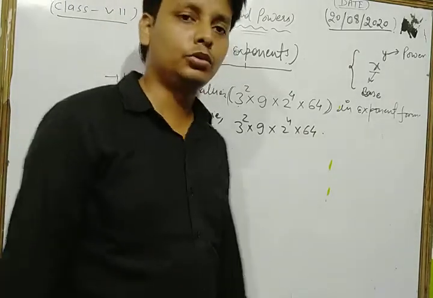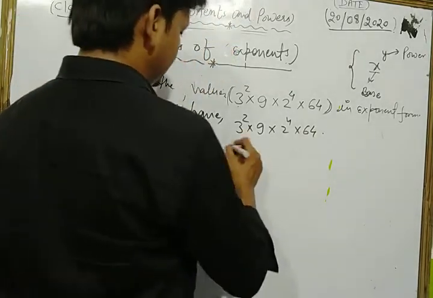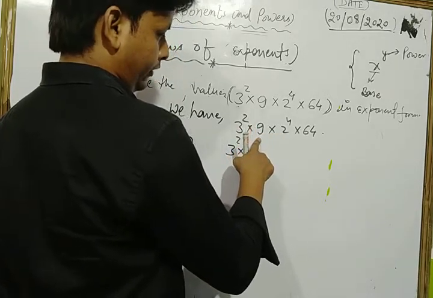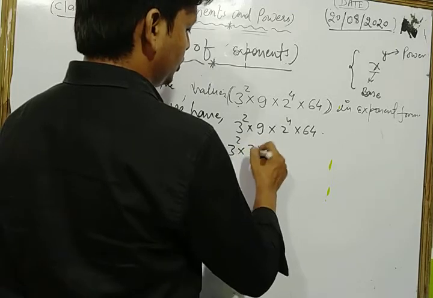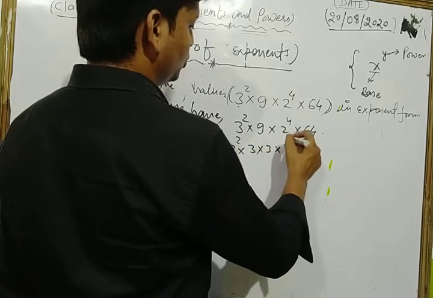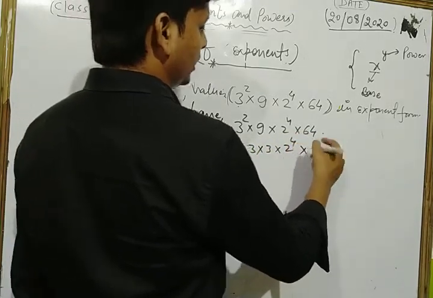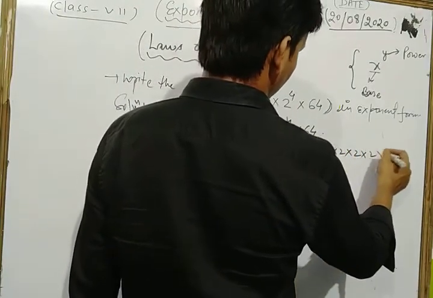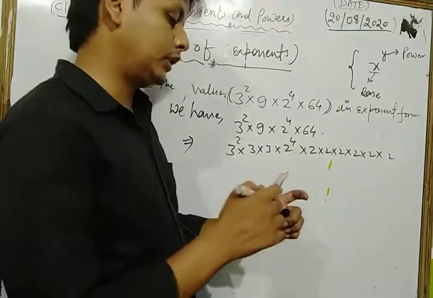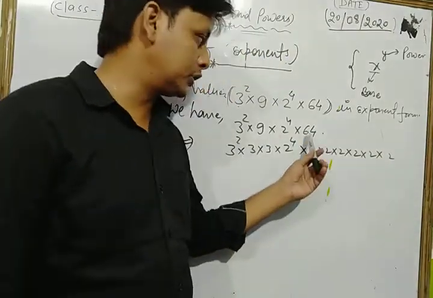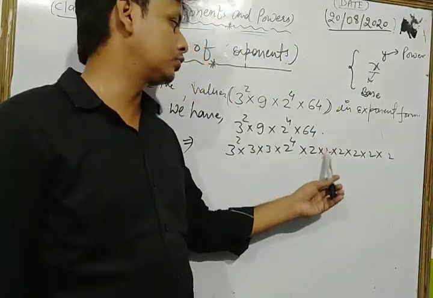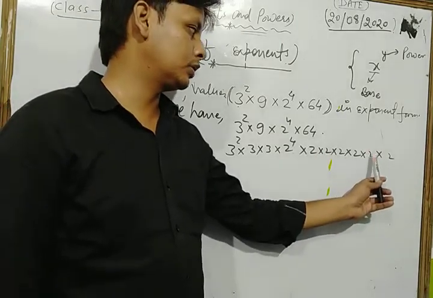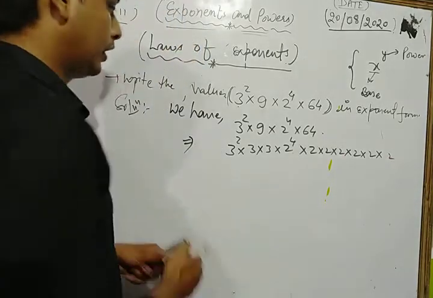Now what I do, dear students, we write 3 square, and if we factorize 9, we get 3 into 3, then 2 to the power 4, and for 64 we do prime factorization, so we write 2 into 2 into 2 into 2 into 2 into 2, which is 2 to the power 6.